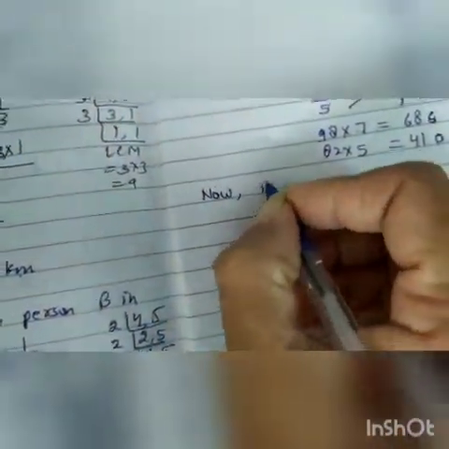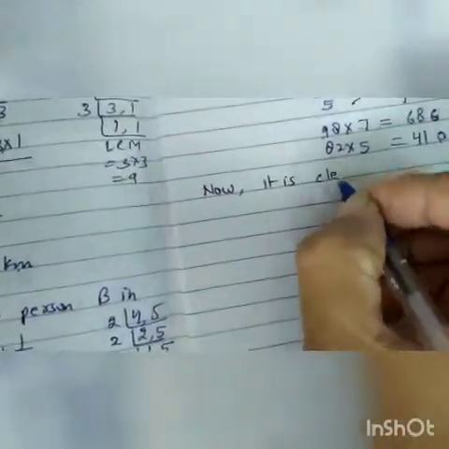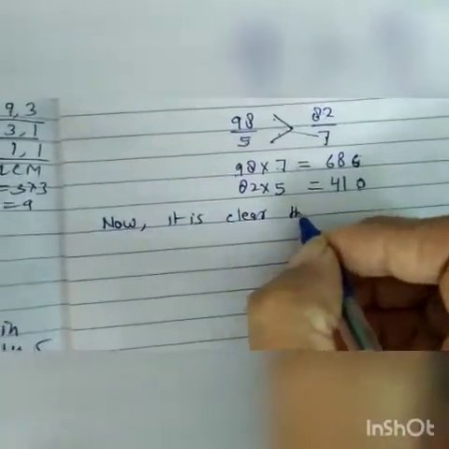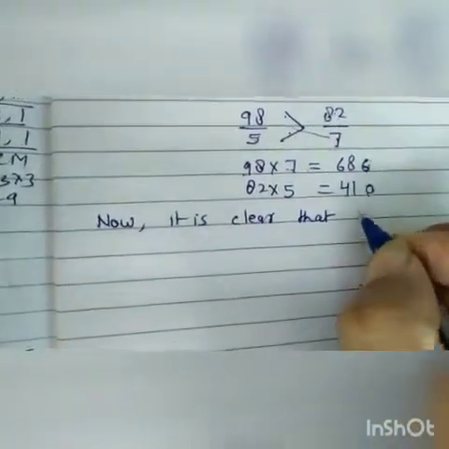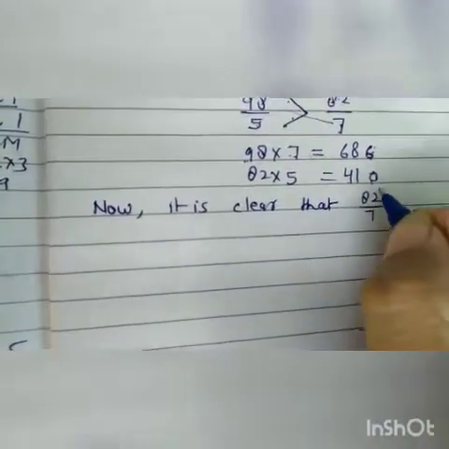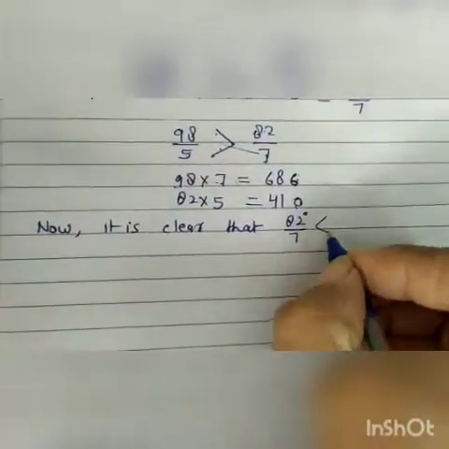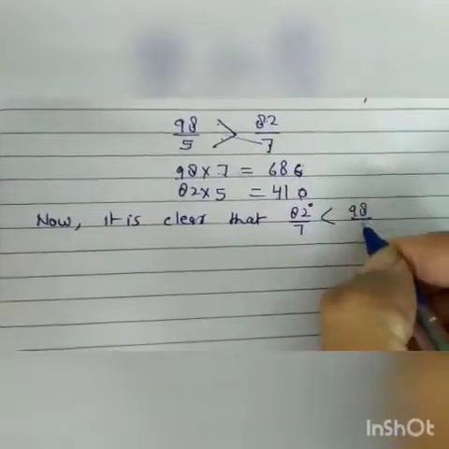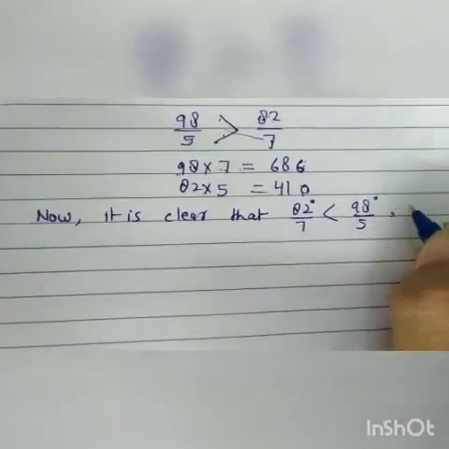Now it is clear that 82/7 degree is lesser than 98/5.